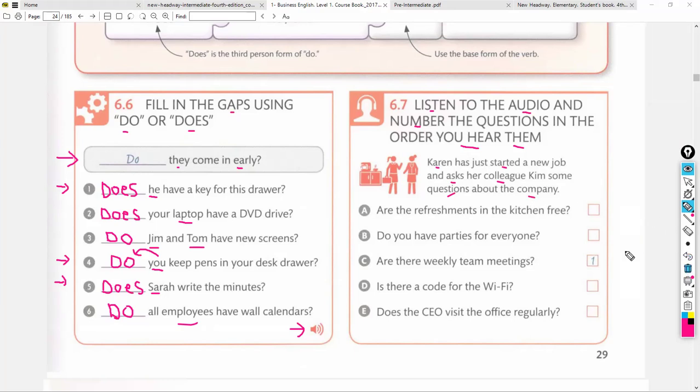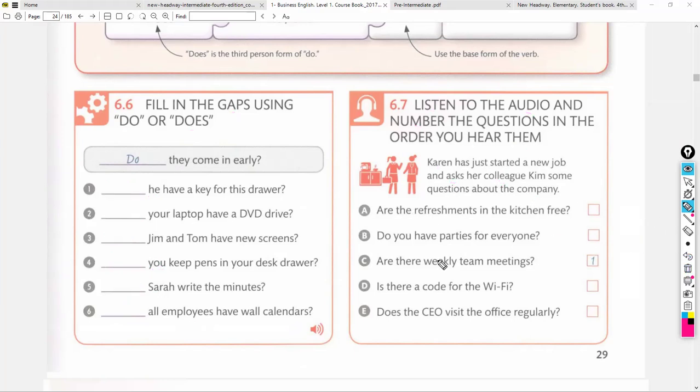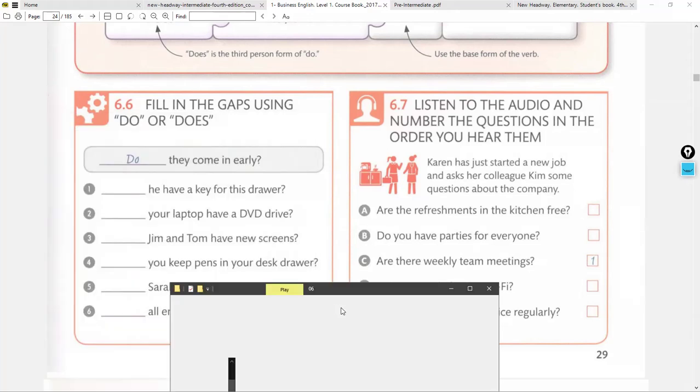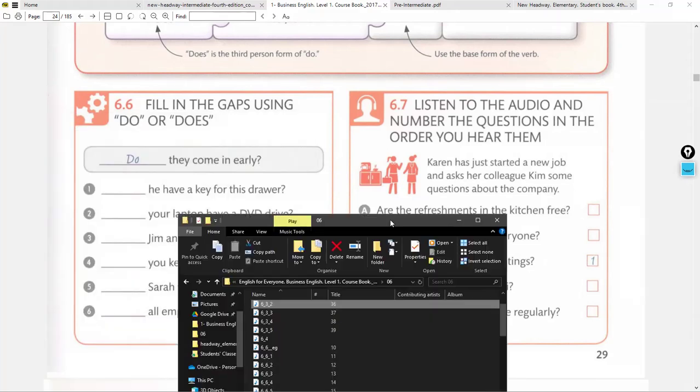Now, let's listen carefully and let's order them in the correct order. Number one, or C, is already solved: are there weekly team meetings? So let's listen. This is 6.7. Let me play the recording.